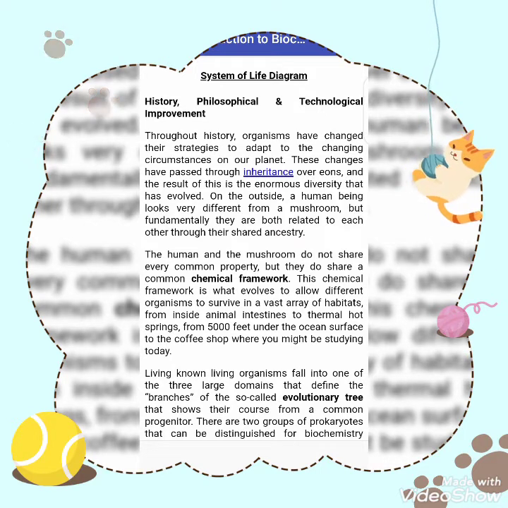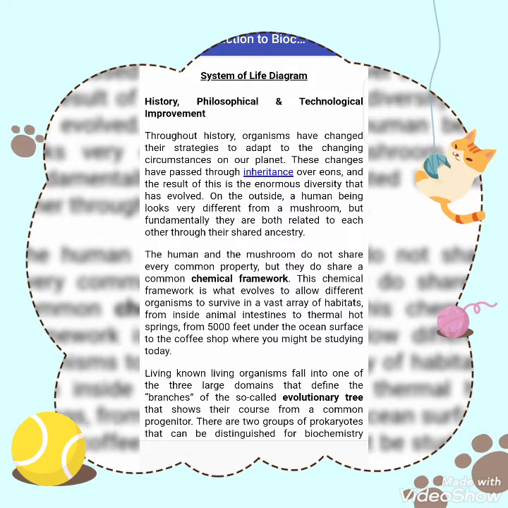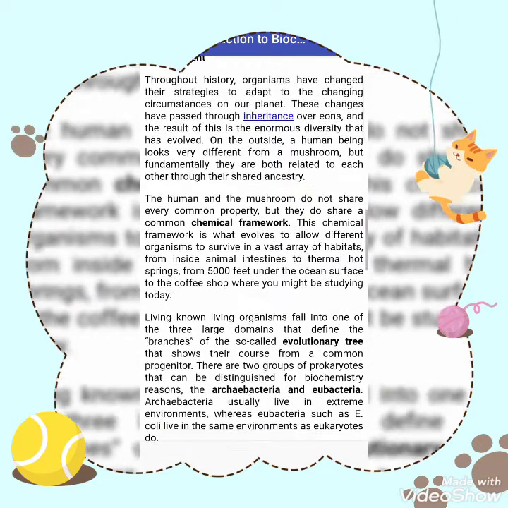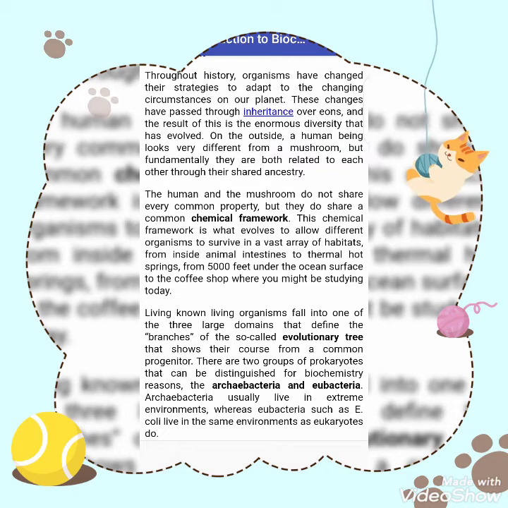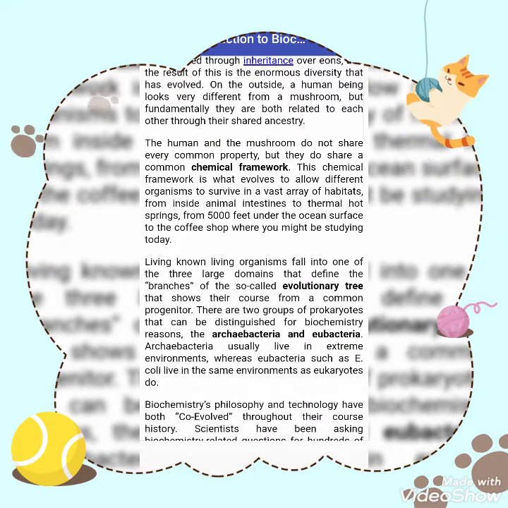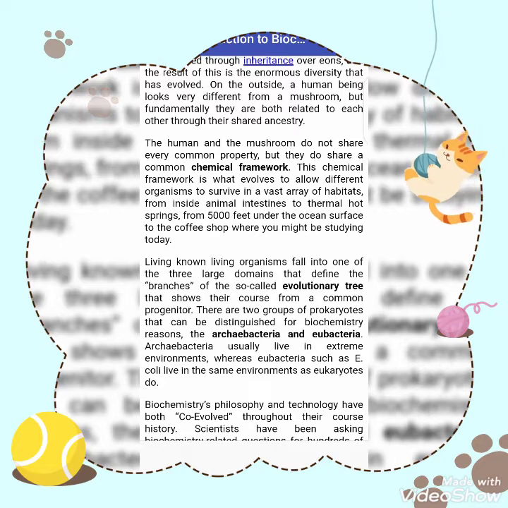This chemical framework is what evolved to allow different organisms to survive in a vast array of habitats, from an insect or animal intestine to a thermal hot spring, from 5,000 feet under the ocean surface to the coffee shop where you might be studying today. All known living organisms fall into one of three large domains that define the branches of the so-called evolutionary tree that shows their course from a common progenitor.